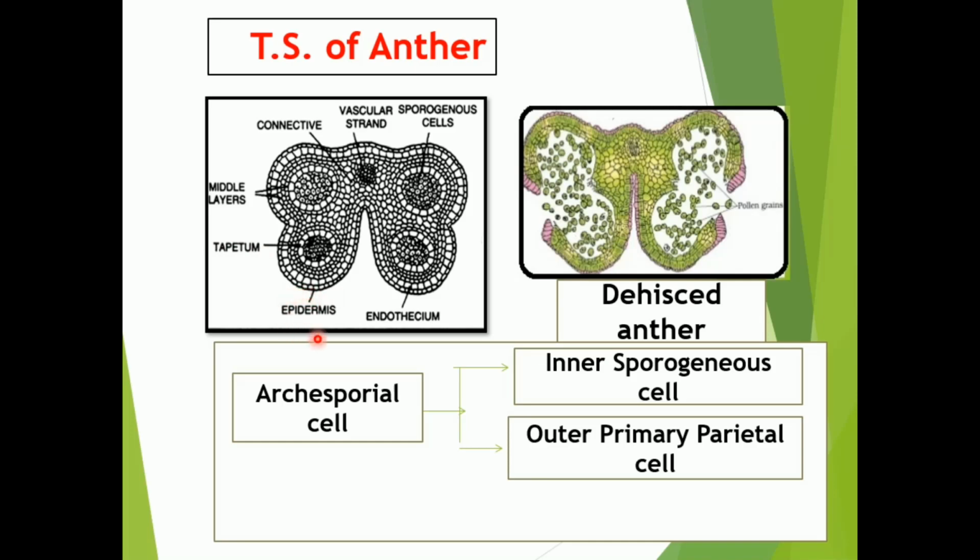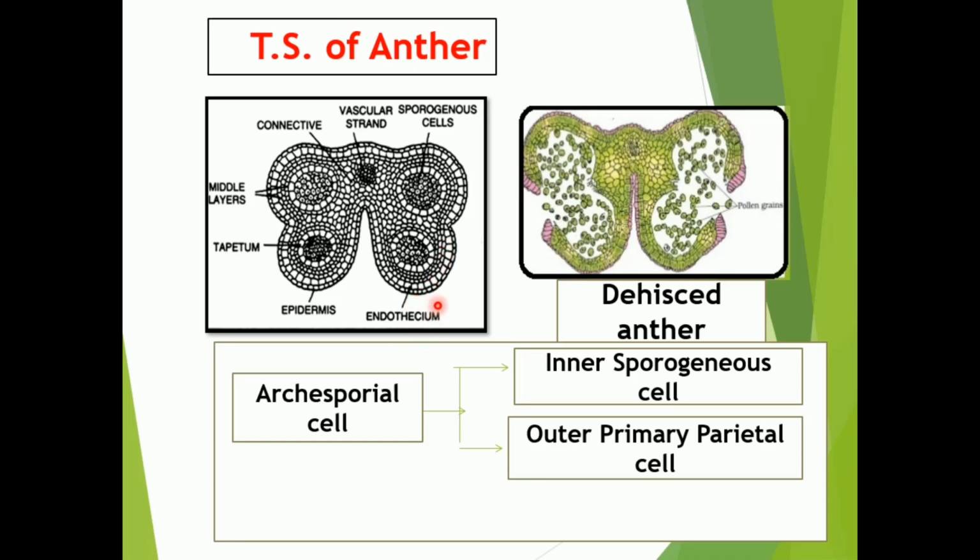Epidermis is the outermost protective layer. It is made up of tubular flattened cells, while the second layer, endothecium, is a subepidermal layer made up of radially elongated cells with fibrous thickening.